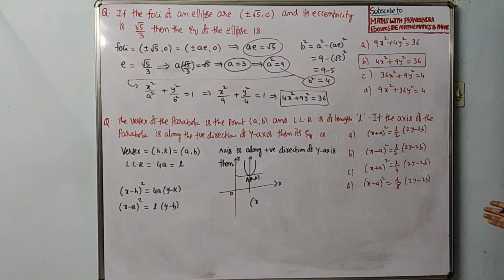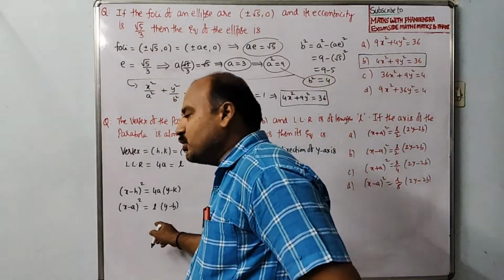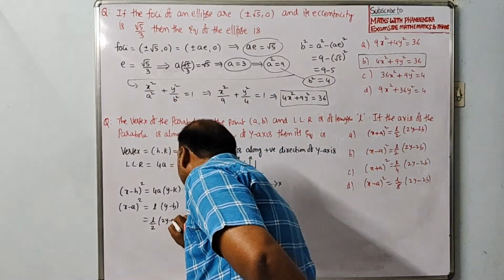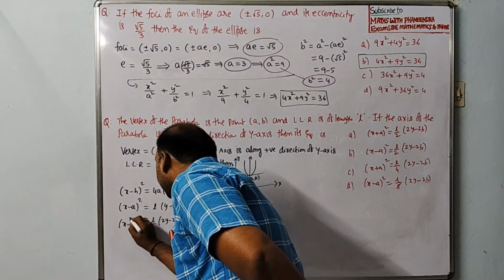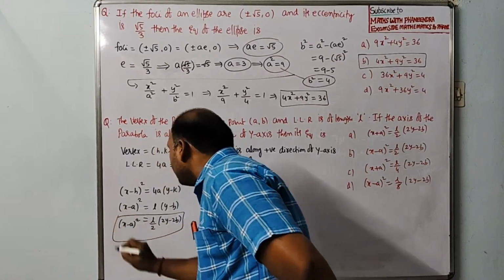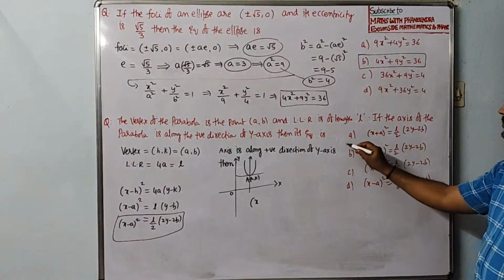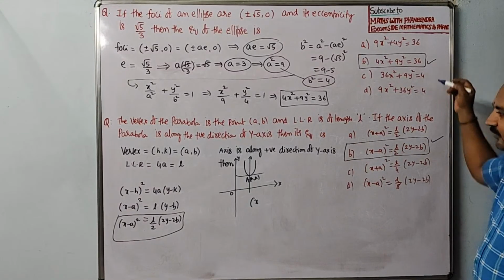All options are l by 2, l by 4, l by 8. But l by 2, two options are there. So here I want to get l by 2. So multiplying and dividing by 2, you will get 2y minus 2b. So x minus a whole square is equal to L by 2 into 2y minus 2b. It is there in the second option, dear students. Okay, I hope you understand.